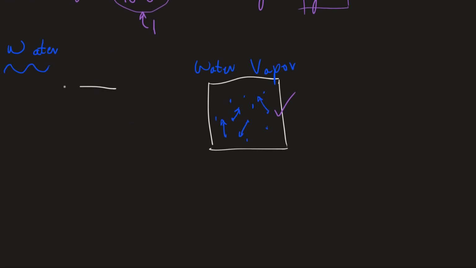Now let's think about the other states. You can also have water as ice, a solid, or liquid water. In these cases, the water molecules are much closer together, and they no longer have those properties of an ideal gas.